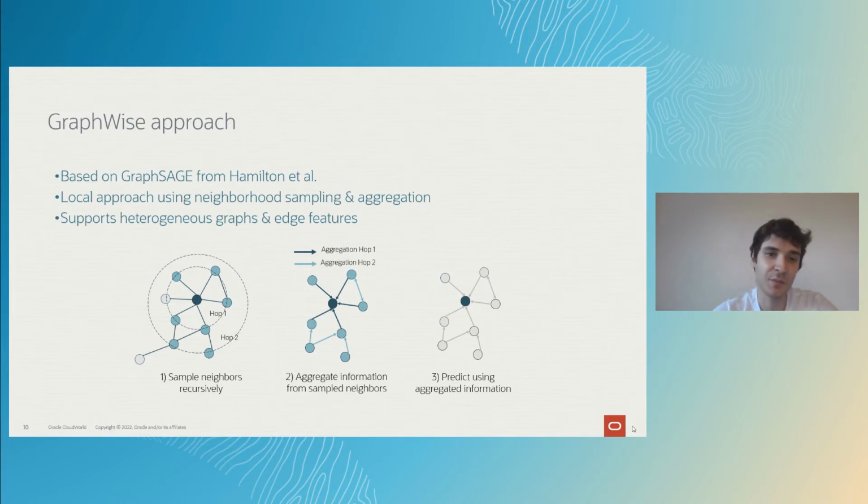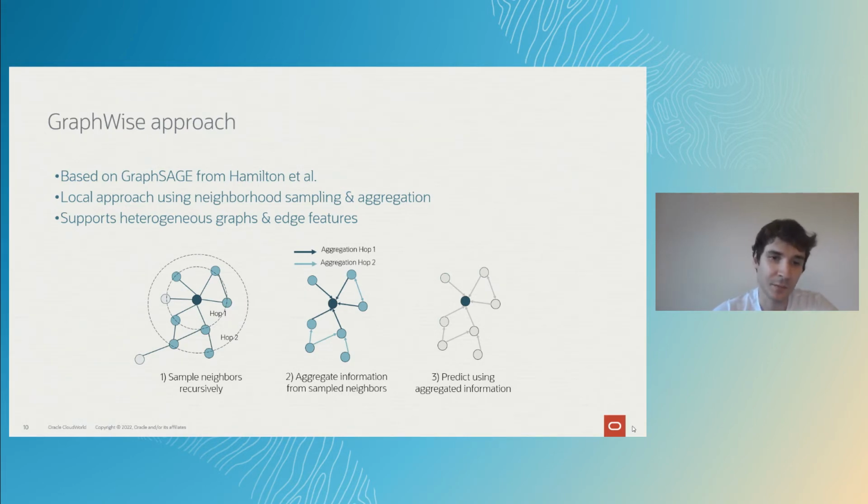So here, the first step to make the prediction is to start from the vertex of interest, so the vertex for which we want to either make a prediction or generate a final embedding. So here on the figure, it's the dark vertex in the center. And from that vertex, we'll explore the graph, not completely, not exhaustively, but we will sample vertices around it, traversing some edges. So the first circle around that center vertex are the vertices that might be reached by following one edge.